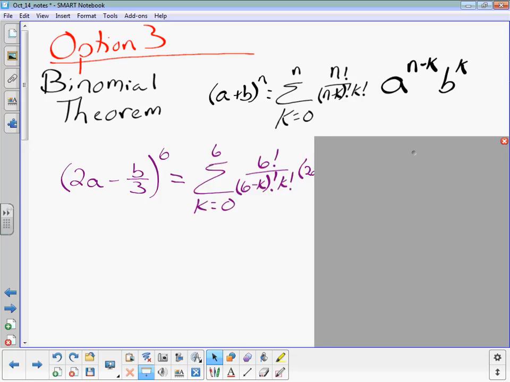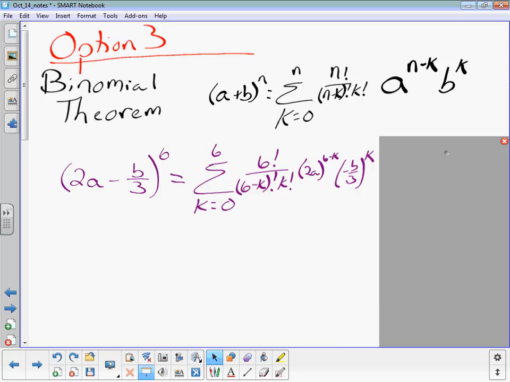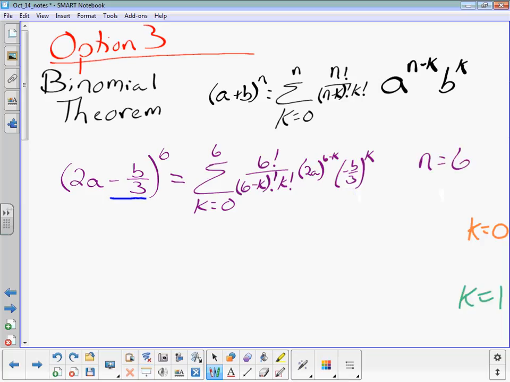So if I put this into my binomial expansion, k equals 0, sigma notation, 6 on top, 6 factorial over (6 minus k) factorial times k factorial, times the quantity, notice the parentheses, 2a, because 2a is our first term in the binomial expansion. Then the second part is negative b over 3 in parentheses. Those are the terms we have. We know n is 6 because that is the exponent.